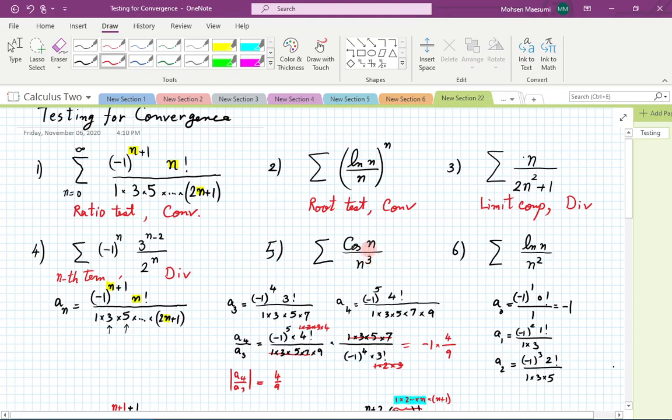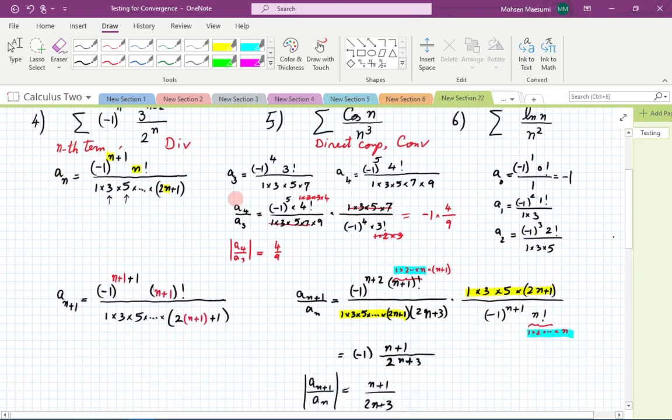So this one will converge by direct comparison and by absolute convergence. So this one converges by direct comparison. And the conclusion will be that it is going to converge.